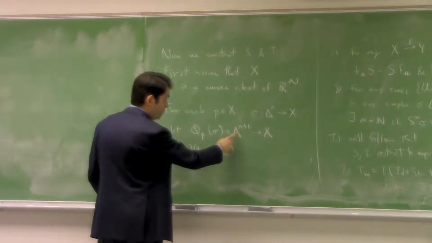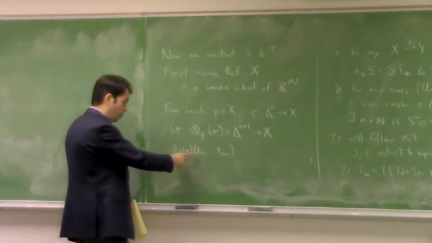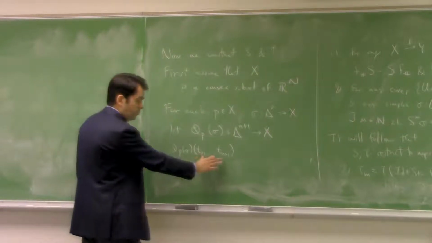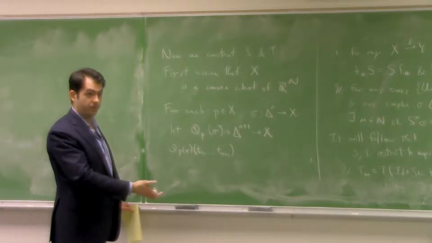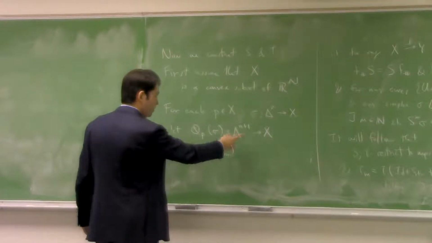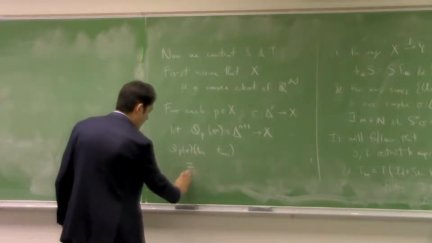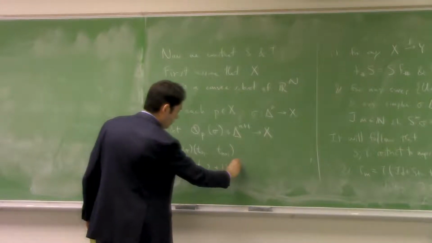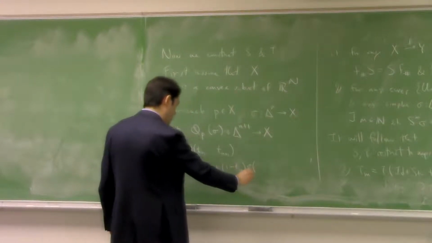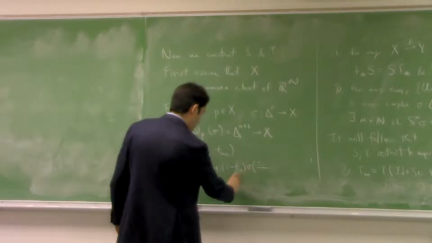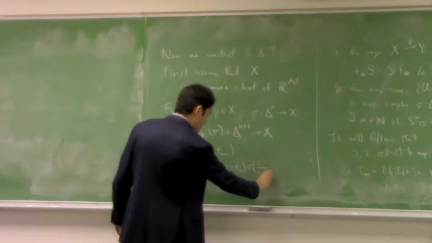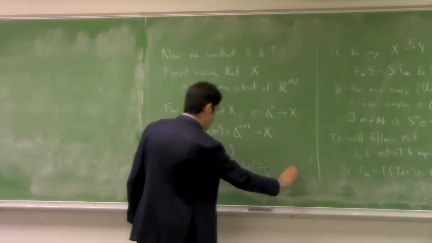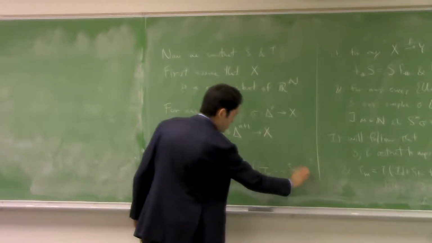So remember, the standard n+1 simplex is just all n plus 2 vectors with non-negative entries that add up to 1. Right? So OK, take such a thing. And I'm going to tell you what point in X to take. So take T0 times P, and then take 1 minus T0 times sigma of the other entries, just divided by 1 minus T0, until you get to Tn+1 divided by 1 minus T0.